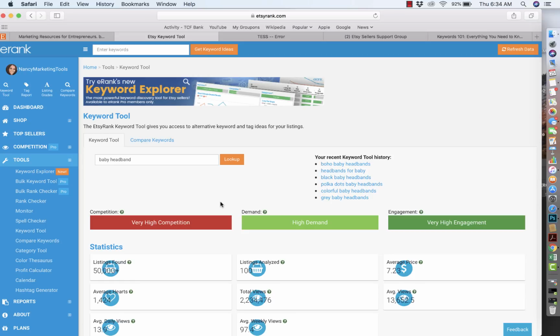So therefore, they could find keywords easier. They could rank for keywords easier, right? Organically. And then when they run an ad, their cost per click is not as high. And they get more traction because when people search for certain stuff, their store is the one that pops up first.